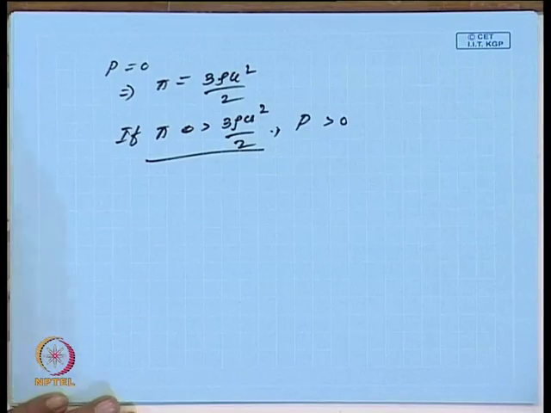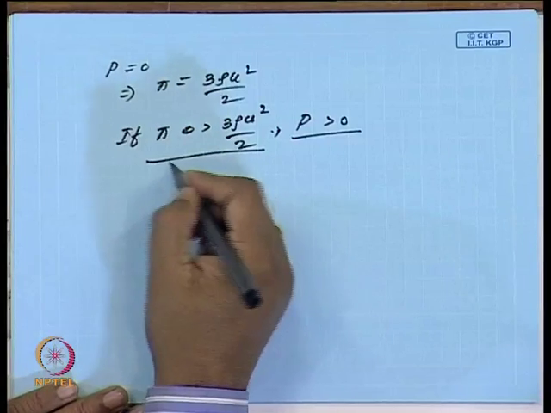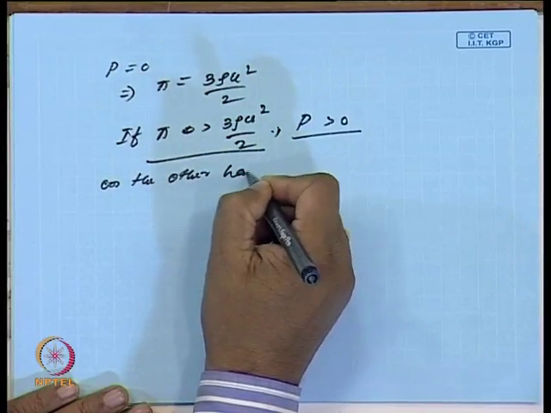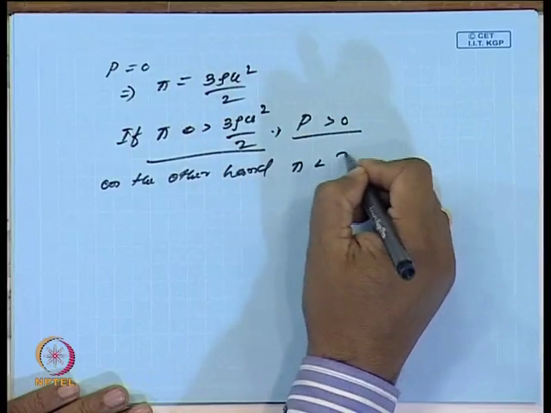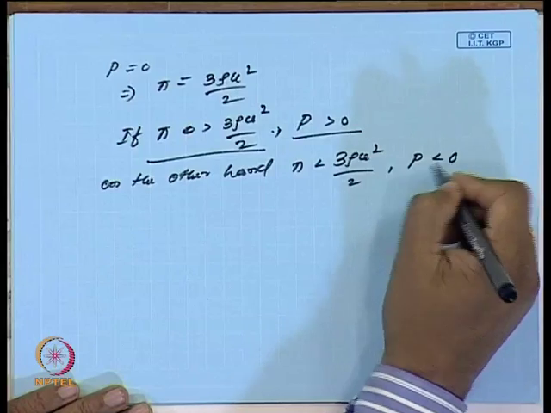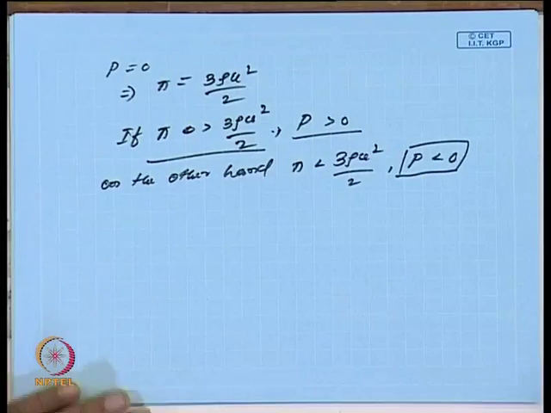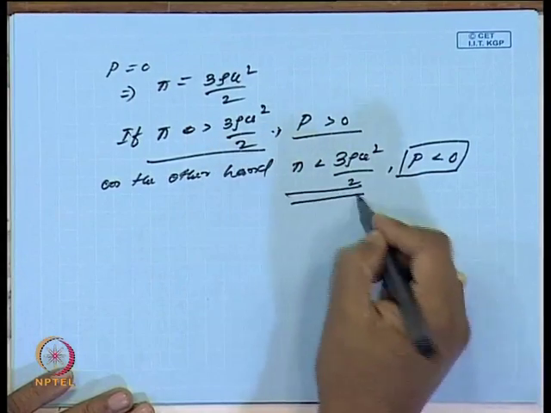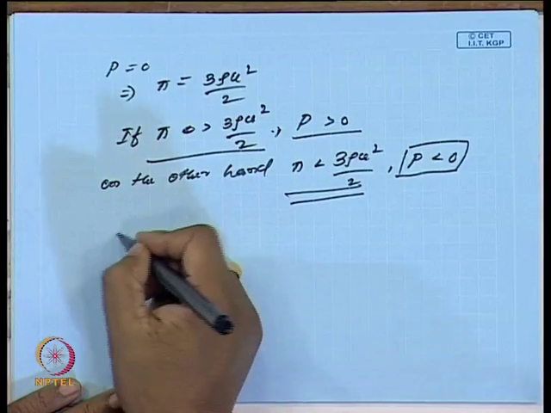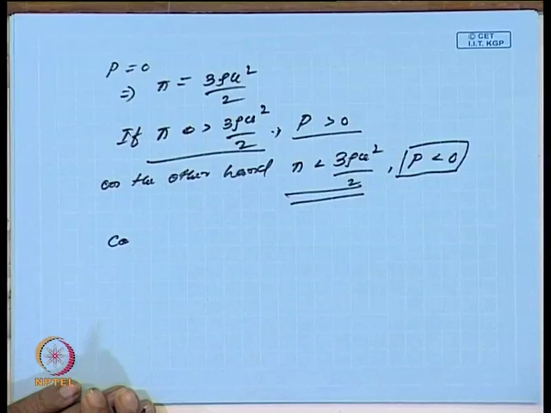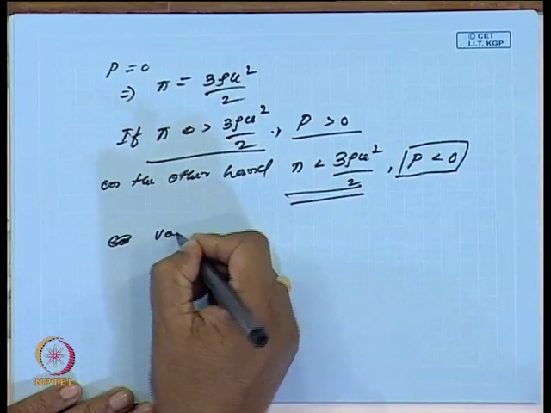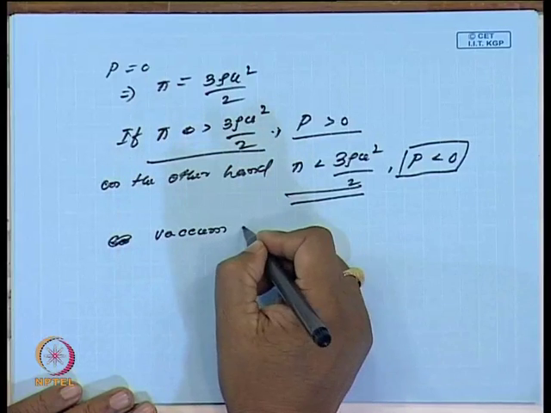If on the other hand pi is less than 3 rho u square by 2, then p will be negative. Under this condition p becomes negative, and a vacuum will be generated.